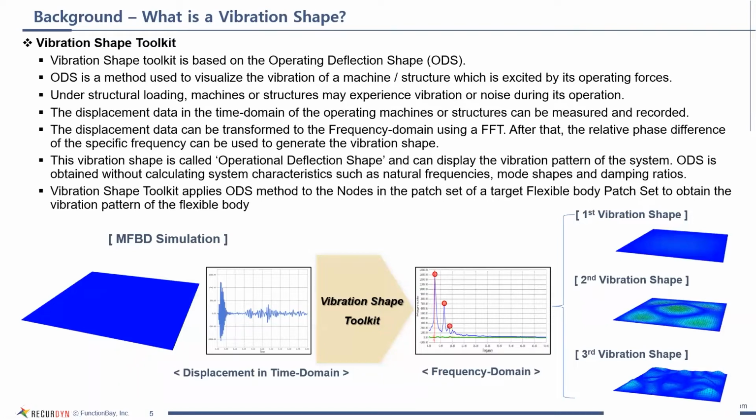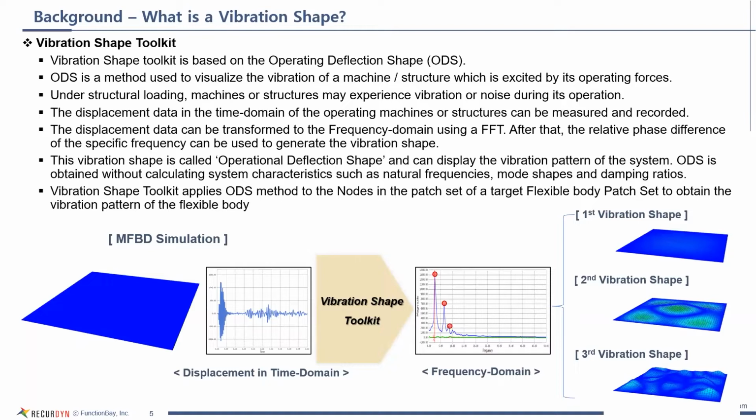So this vibrational shape toolkit, what kind of vibration shape is it really calculating? We introduced this term called operating deflection shape, ODS. It's a way to visualize the vibration of a flexible structure due to excitation forces. Under the loading that may occur during a RecurDyn simulation, different components are going to experience different types of vibration and noise that can travel through the overall assembly.